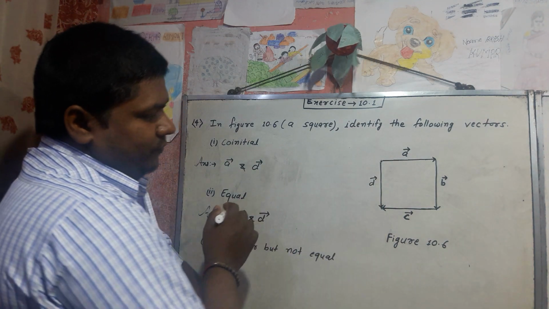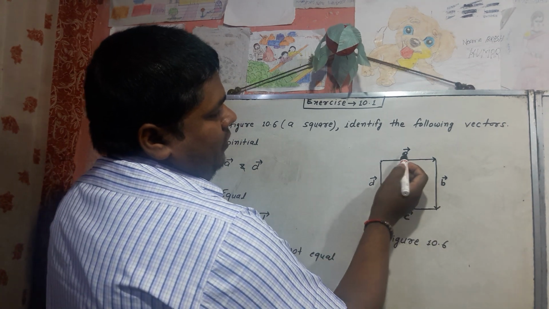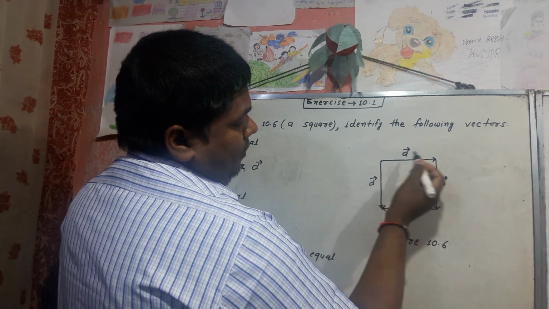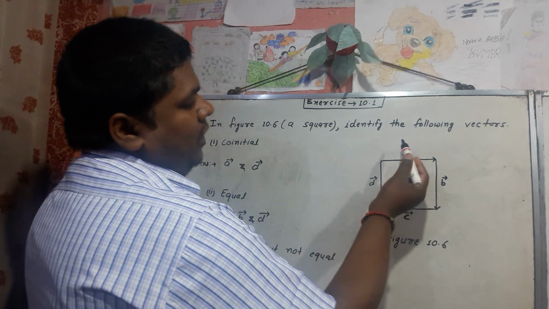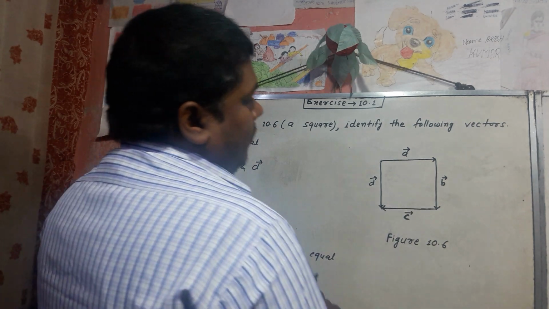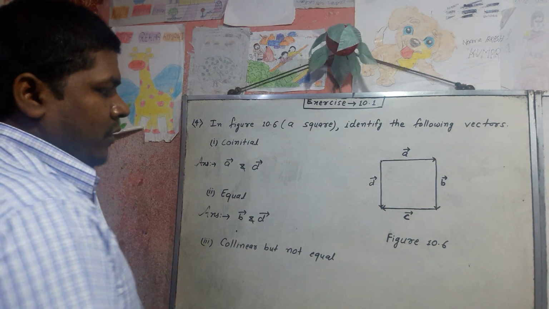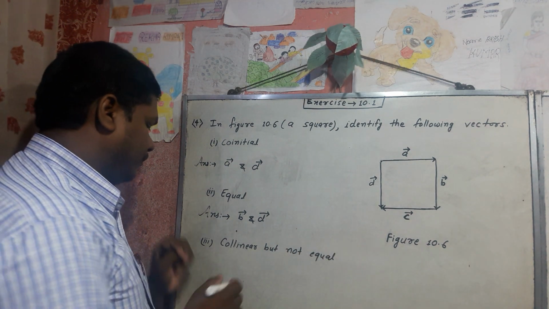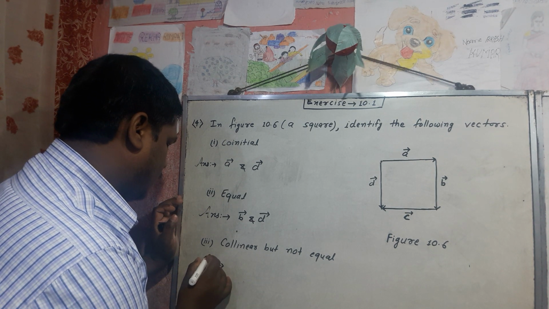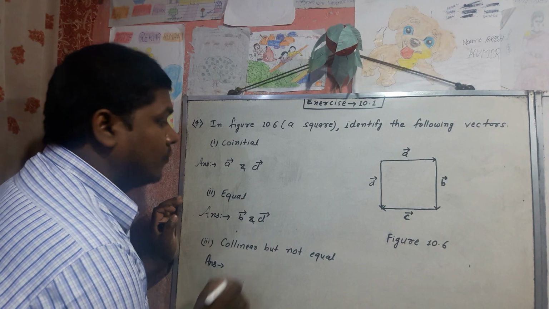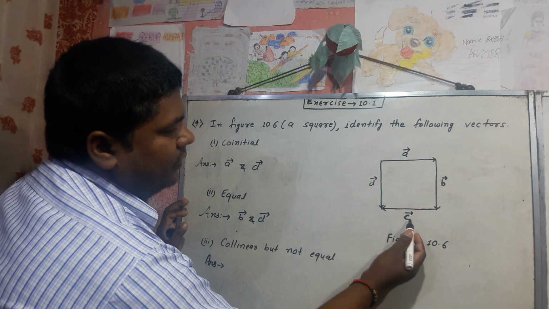In this given figure, we see that A vector and C vector are collinear but not equal. So our answer is A vector and C vector.